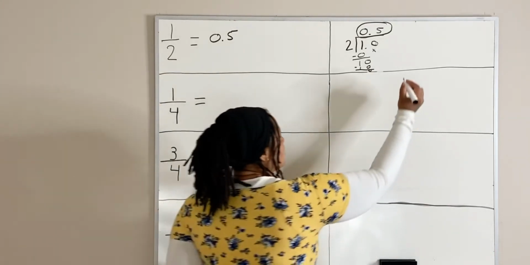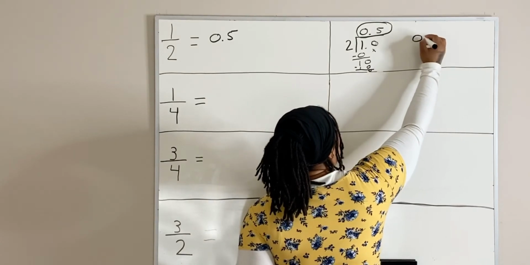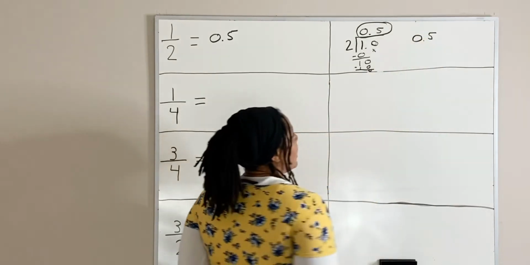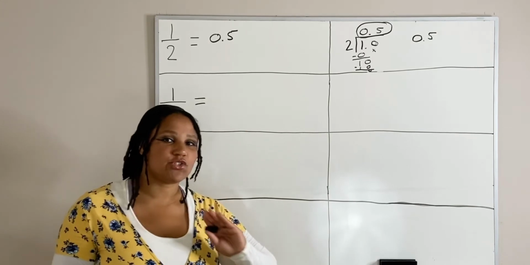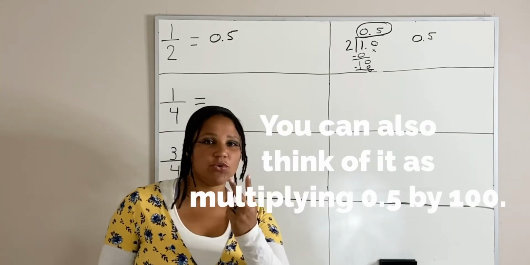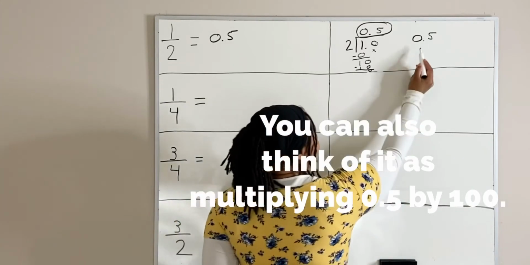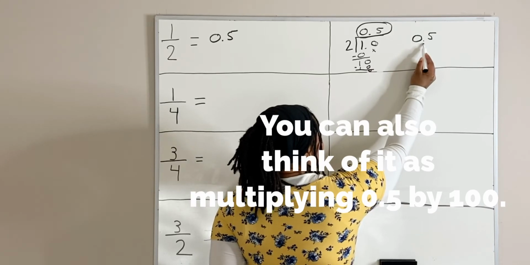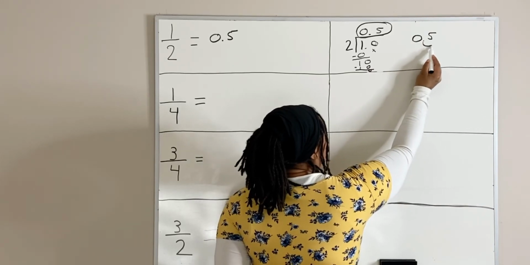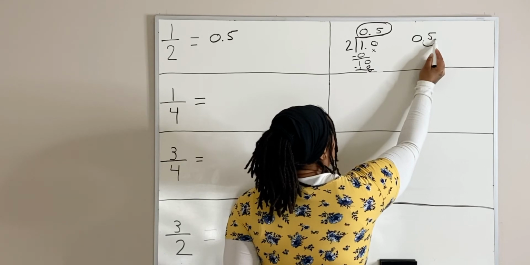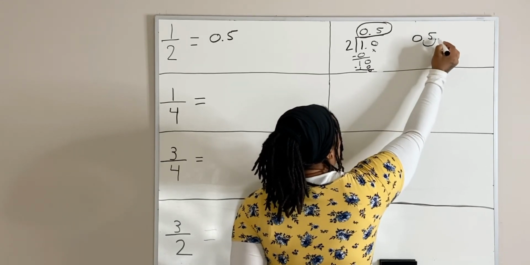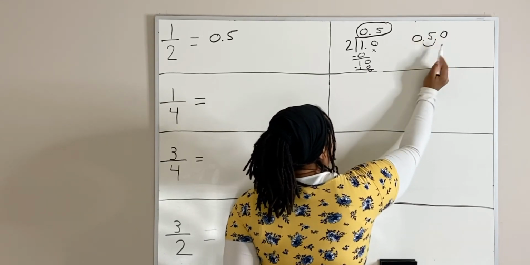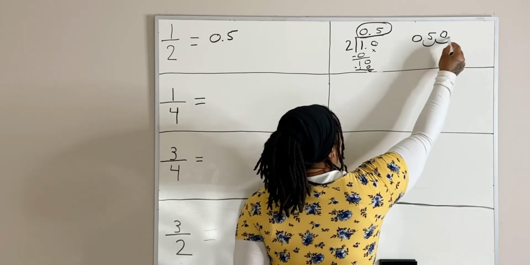Okay, so now we want to convert our decimal into a percentage. What I'm going to do is take my decimal, which is 0.5, and scoot it over 2 times. So put your finger where your decimal is located, and you're going to come over 1. Once you come over 1, we add a 0, and then we come over 2.